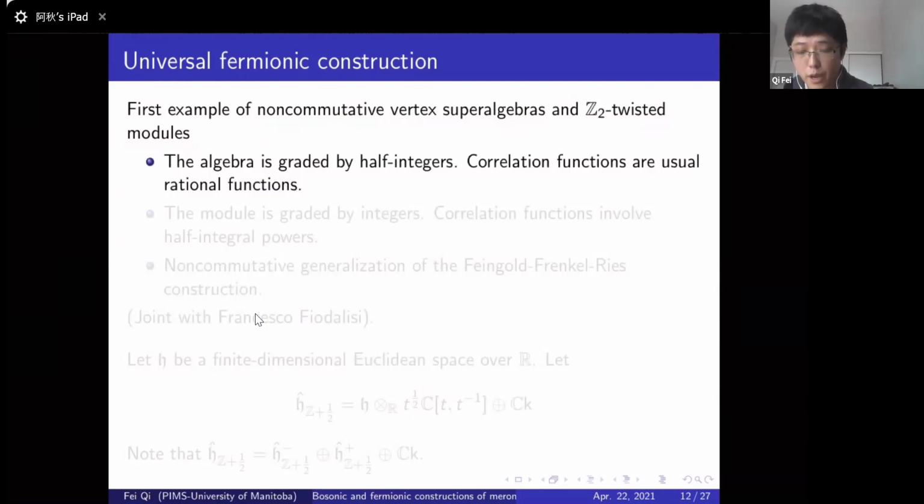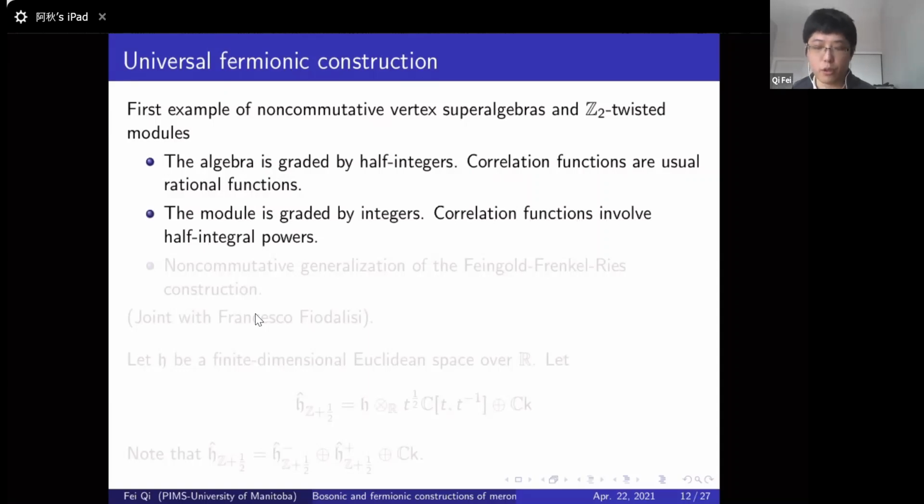The algebra is graded by half integers, and correlation functions are usual rational functions, so there's no monodromy in the algebra part. On the other hand, on the modules, when we talk about the Z_2 twisted modules, the module is still graded by integers, but the correlation functions will have to involve half integral powers. So in this case, you do have monodromy.